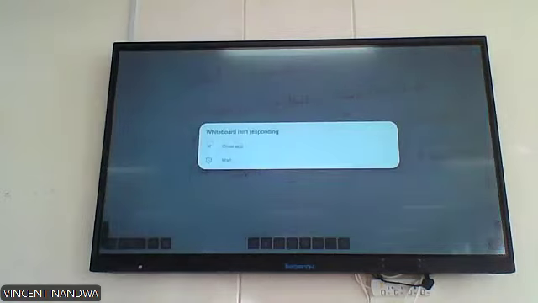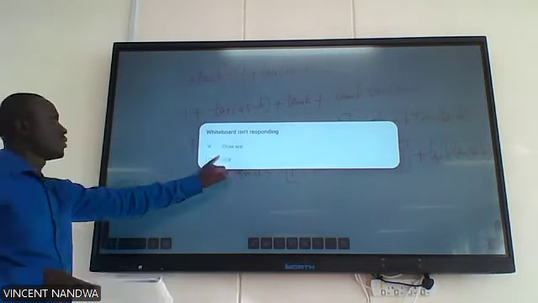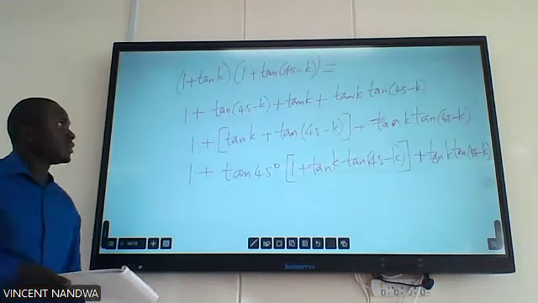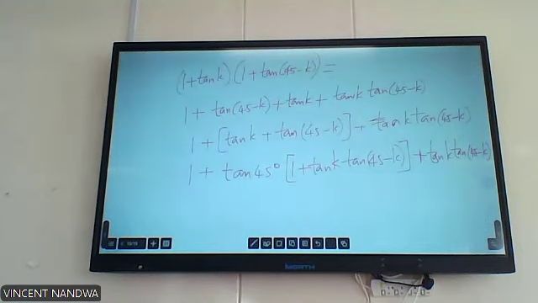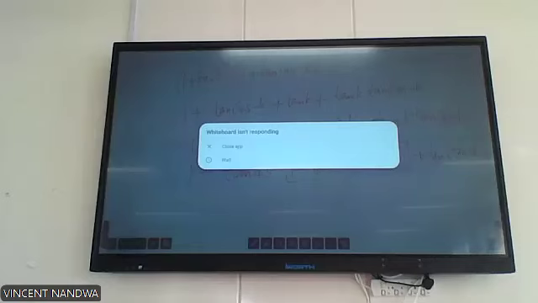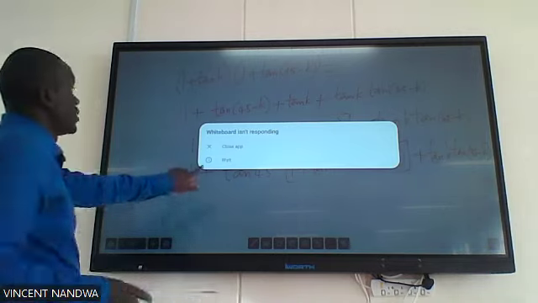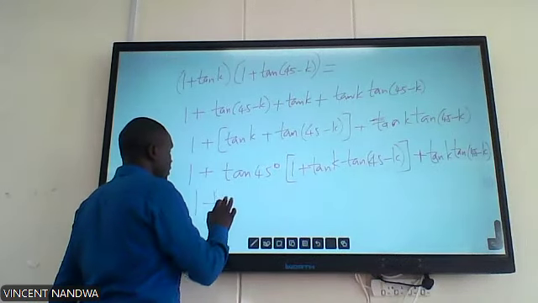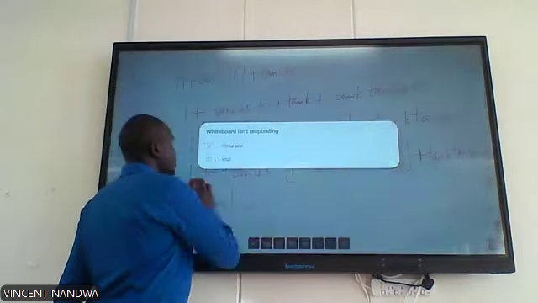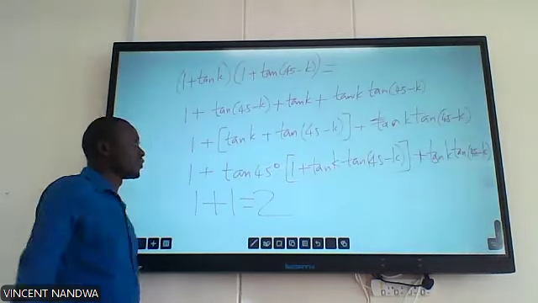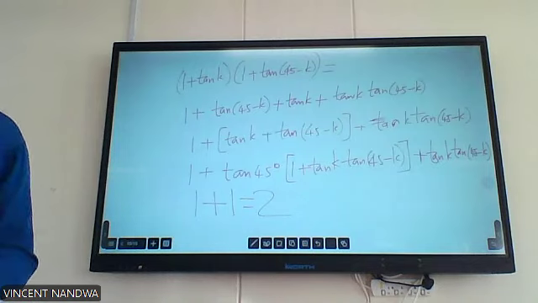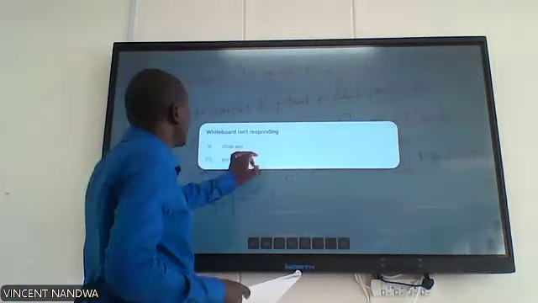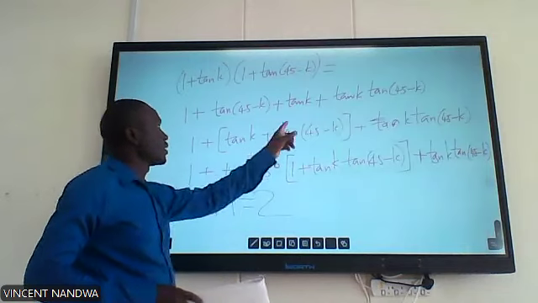Any other questions on the previous one? So this will give you 1 plus 1 to give you 2. Check how we can play with these terms involving 45 minus k and tan k.